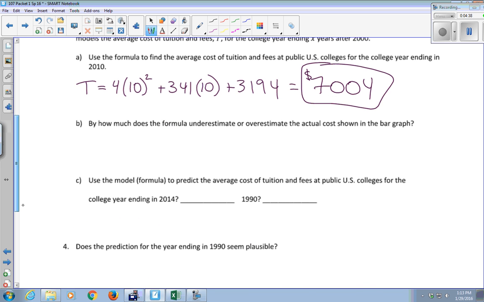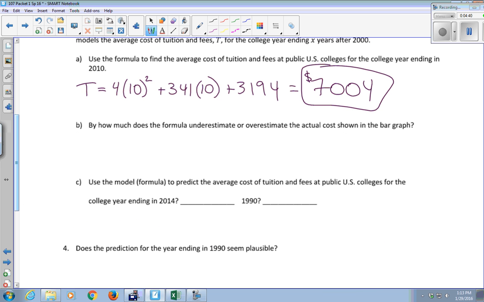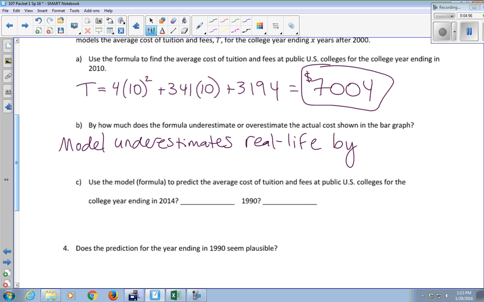So my model is what? Too high or too low? Too low. So my model underestimates real life by how much? $16.